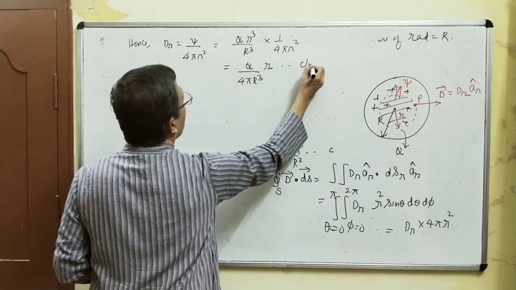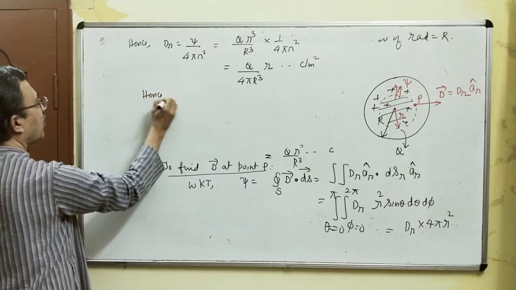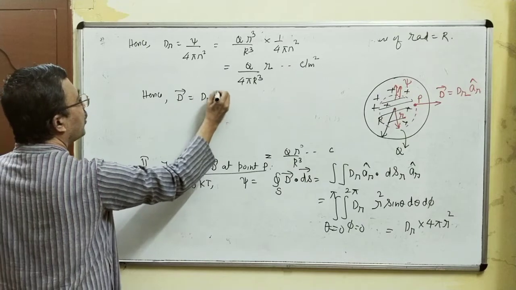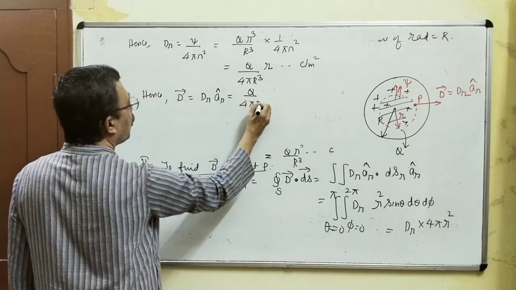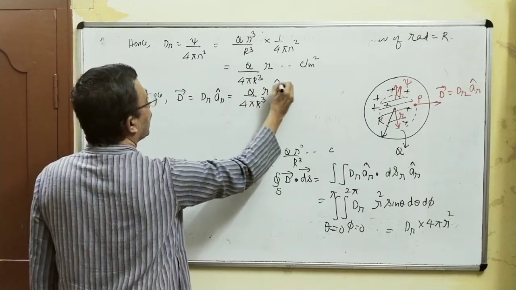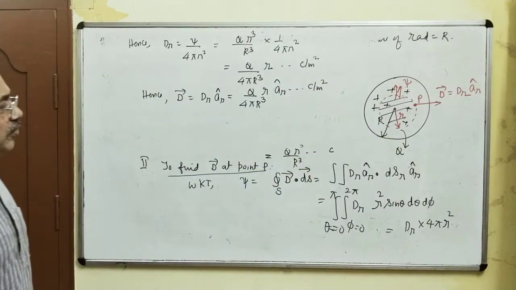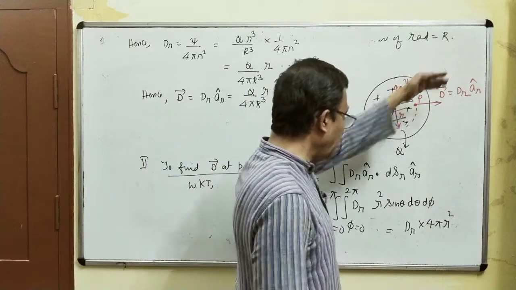So many coulombs per meter square. Hence vector D is equal to Dr into a_r cap is equal to Q divided by 4 pi R cube into r into a_r cap. So many coulombs per meter square. This is the expression for electric flux density at point P, which is radially outward.